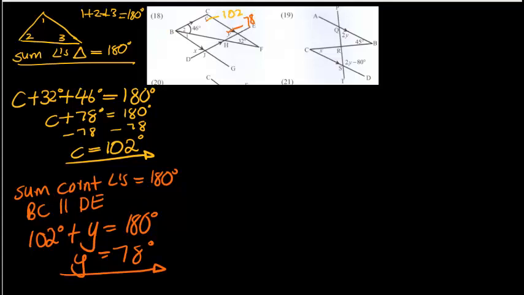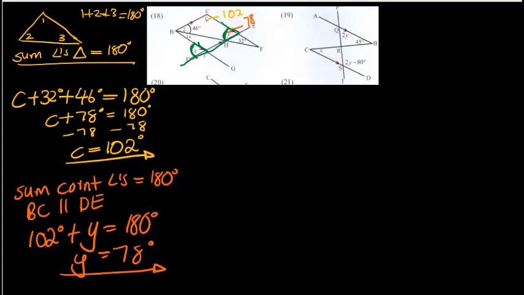Next up, we can do X. So X is over there. What angle is closest to X? X could work with this one, but that's unknown. X could also work with that one if I do corresponding angles.